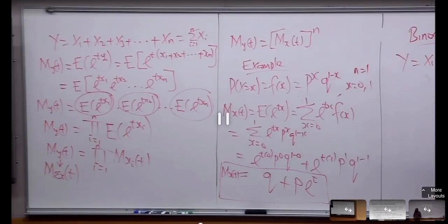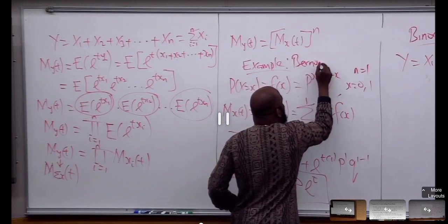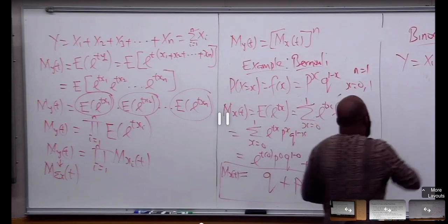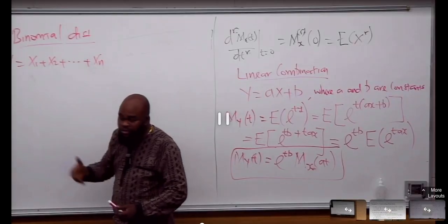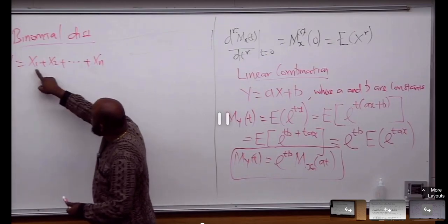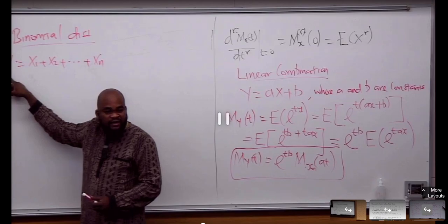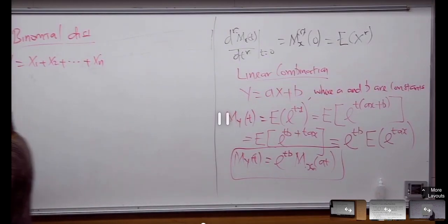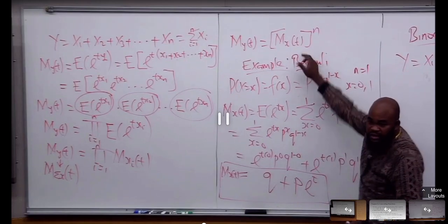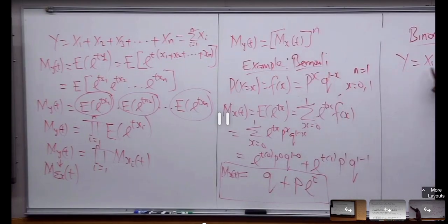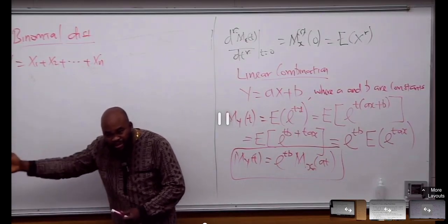Let me write so that I'm talking about Bernoulli. The number of trials is 1, but in binomial, it's more than 1. So if each of these is Bernoulli, Y is going to be binomial. Does that make sense? They are identically distributed, because this is Bernoulli, and they are independent random variables.